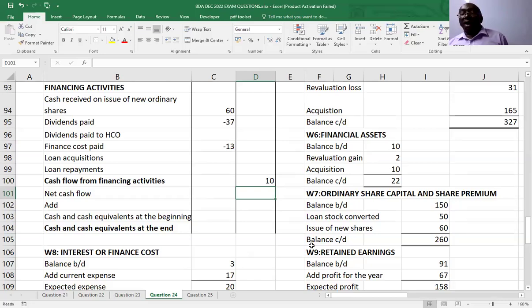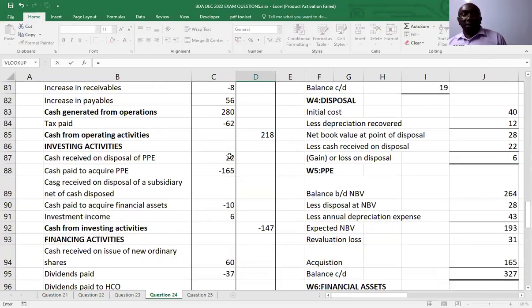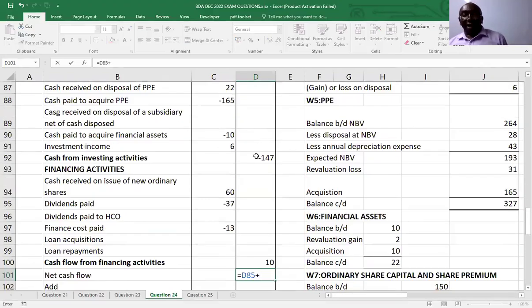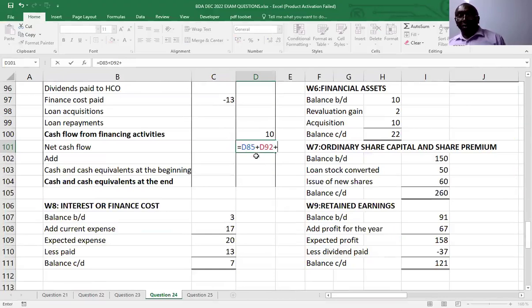So net cash flow now, you combine the three cash flows. So utasema ni equals to, hii ya kwanza, hii ya operating, uongeze hii ya investing, na uongeze hii ya financing, where you are getting the money from. So this one, you can give it a top border.